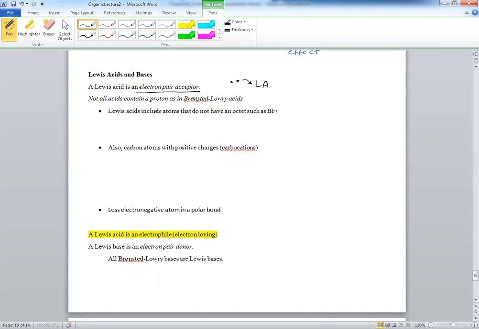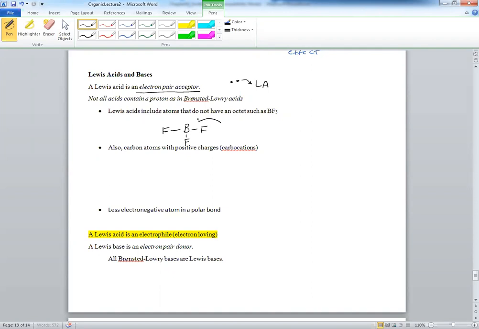Now, in this case, not all acids, this is weird, especially sometimes students think about it, is that not all acids have protons. There are some, like, for example, BF3. If you were to draw BF3 from Gen Chem, in fact, students ask why, and Gen Chem doesn't have an octet, and what would it do?